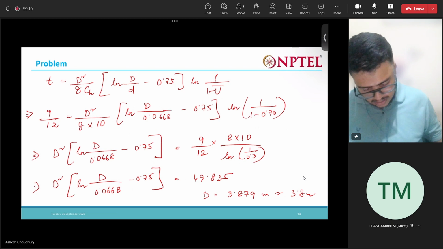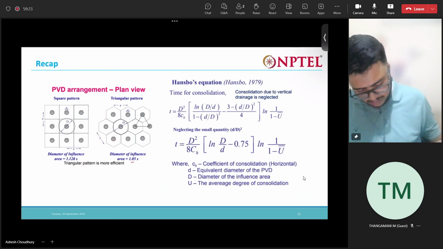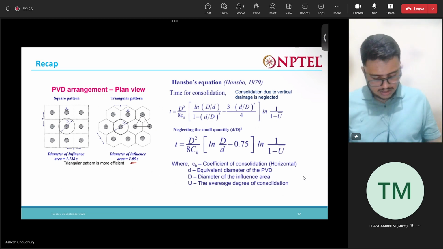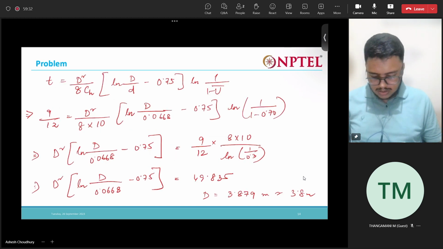So it's given here, right? So from here we are just getting that. So d is equal to 1.128 s, so s will be d by 1.128. So 3.8 divided by 1.128.